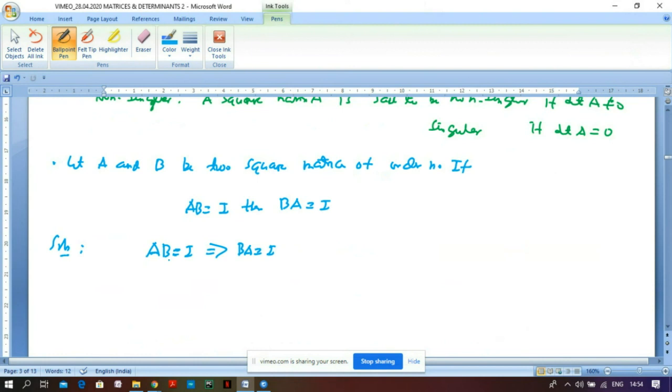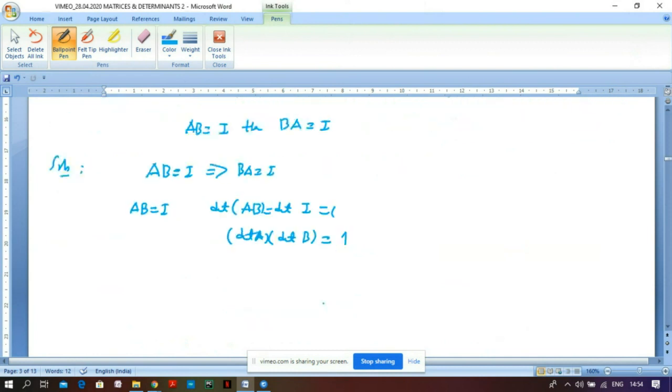AB equals I. Now I can take det on both sides. So det of AB is det of I, that is 1. And so det of A, a number, times det of B, another number, is equal to 1. The product of two numbers is 1, so none of them can be 0. In particular, det of A is not 0.